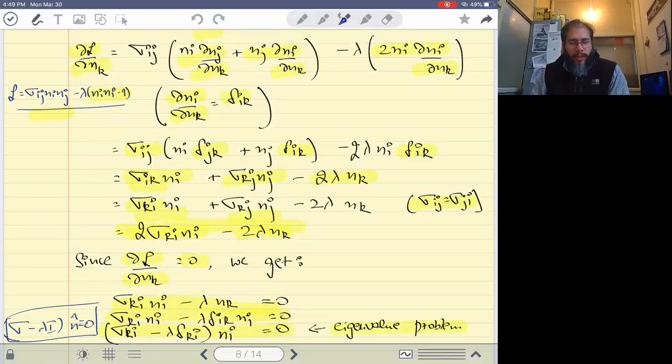So what we see here is that the solution to this problem is the same as the solution to the eigenvalue problem. So remember, we're trying to find the n1, n2, and n3 values, or the n direction for which sigma n is maximum in this case.